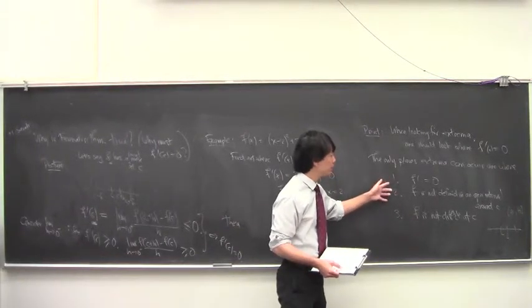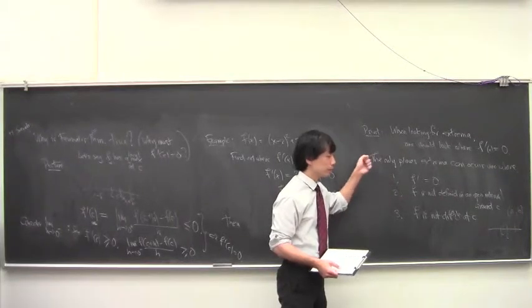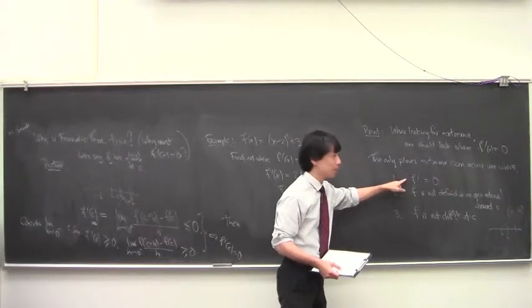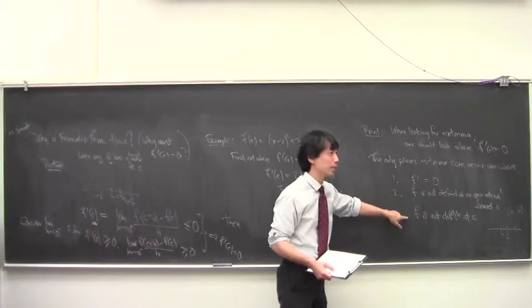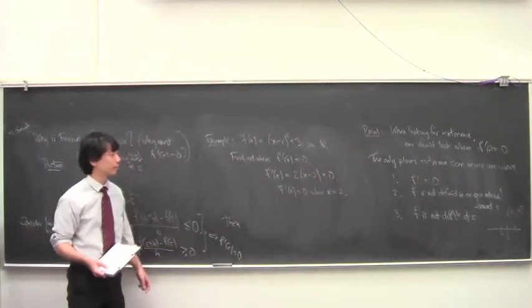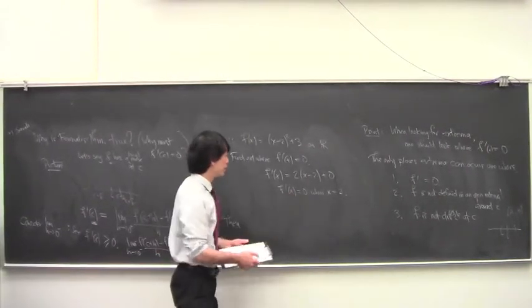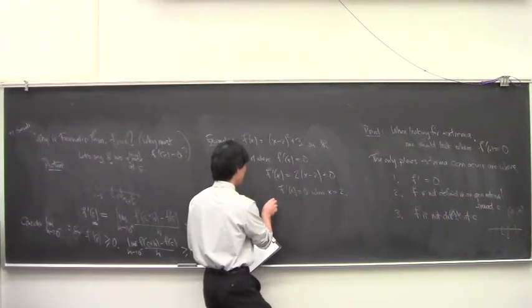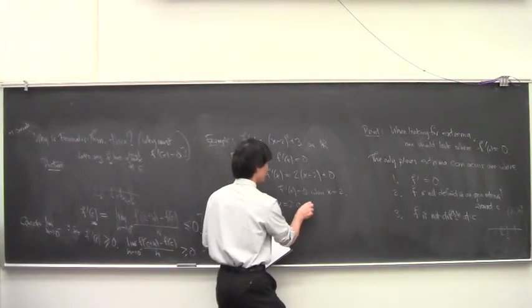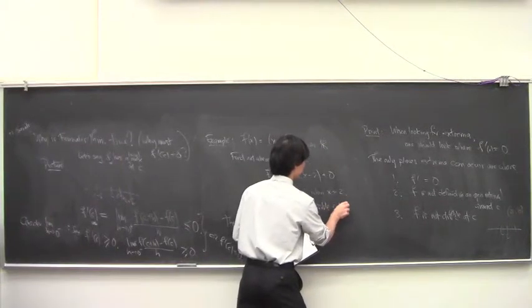So you look for where extrema occur. Either this happens, or this happens, or this happens. Okay. So x equals 2 is a possible extremum.